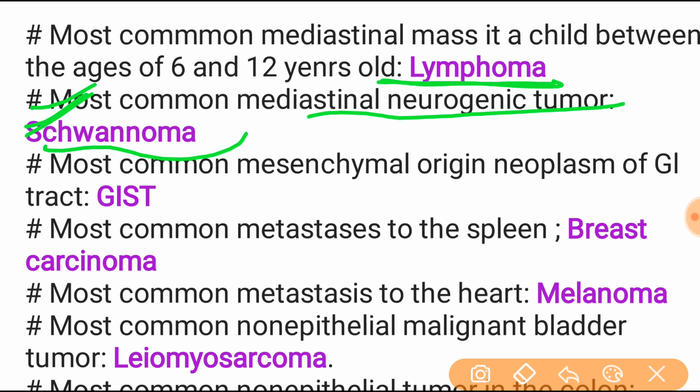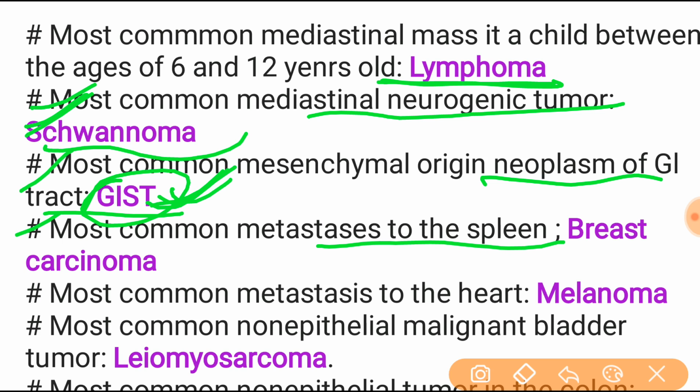And the most common mesenchymal origin neoplasm of the GI tract is the GIST. GIST is a very important topic, so you have to remember everything about the GIST. The most common metastasis to the spleen is the breast carcinoma. This is also important. The most common metastasis to the heart, melanoma.